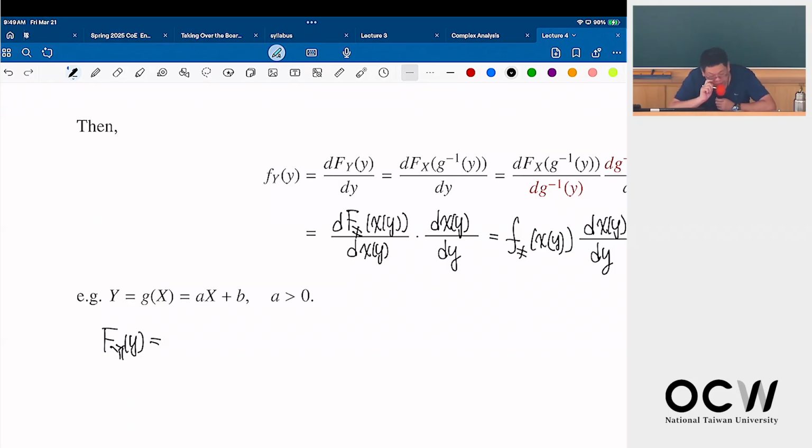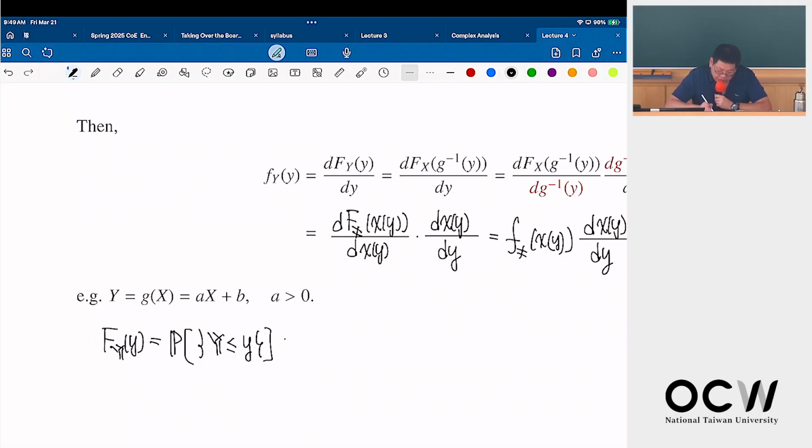Always use the definition first, and then you try to manipulate it. So what is the definition of your CDF? Probability of your random variable y less than or equal to some point y.